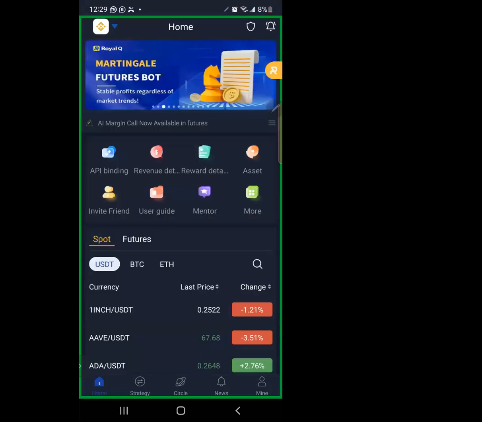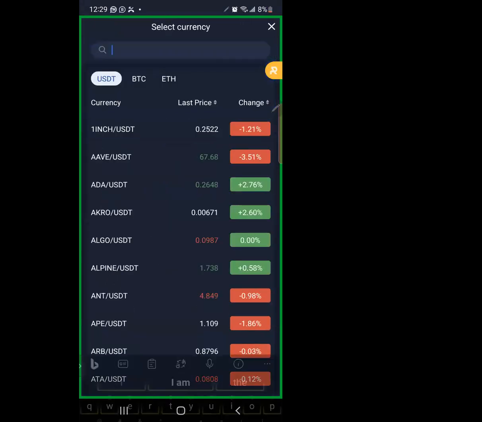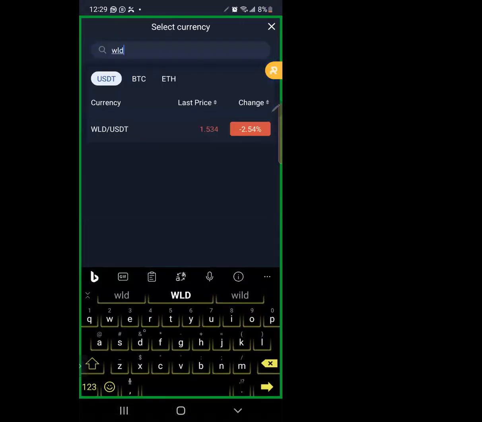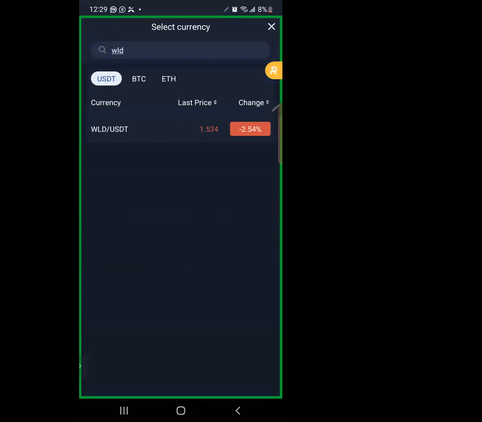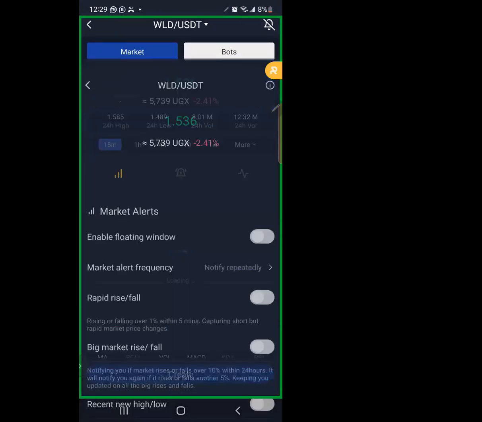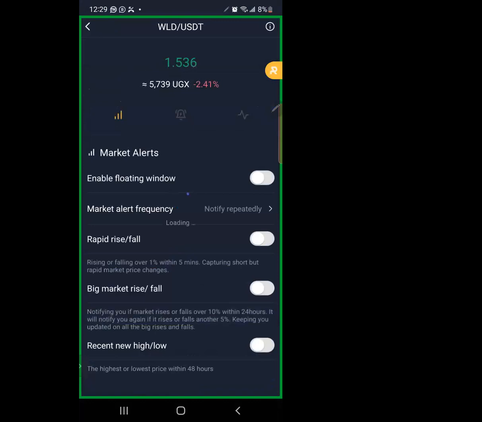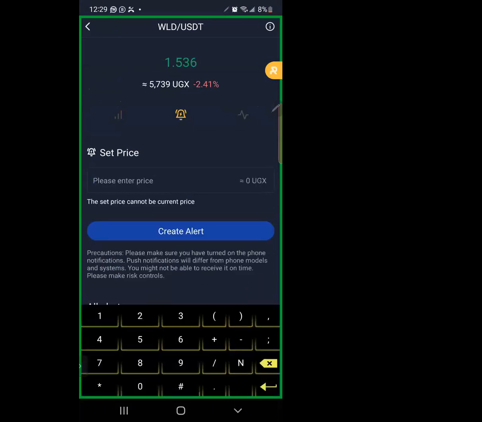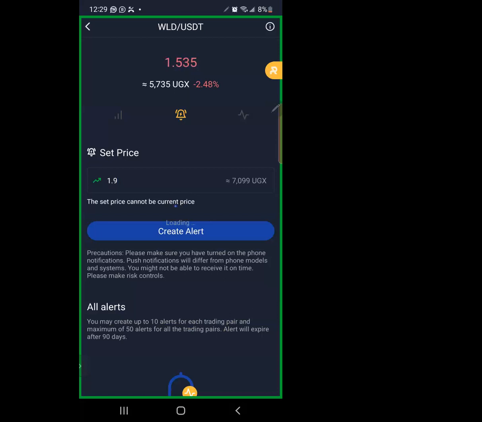Let me search for WorldCoin. So I tap the window, I enable the floating, I tap that, then I tell my robot, notify me when it hits 1.9. That's the notification I want for Worldcoin. If this trade hits 1.9, it will be good for me for sure.